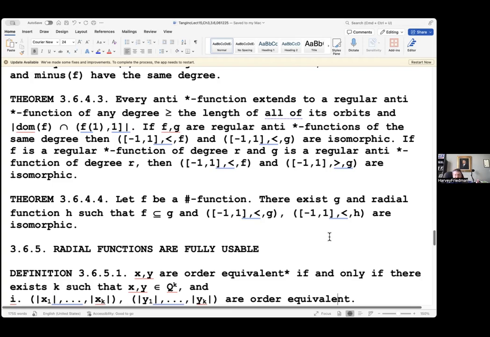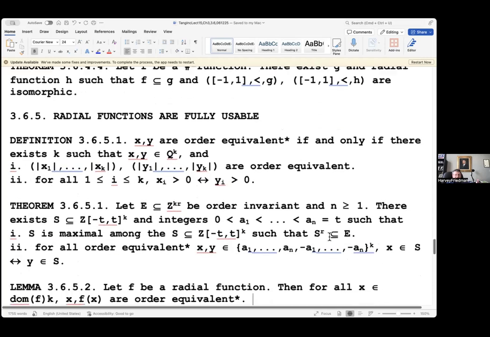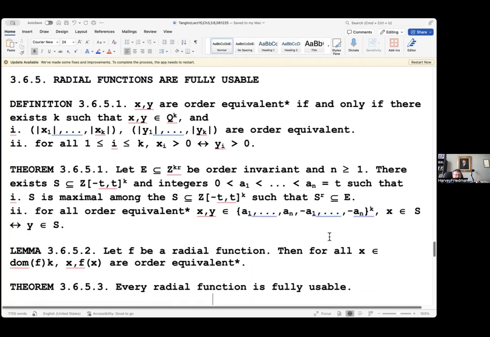Okay. Now we want to show that radial functions are fully usable. This is not completely straightforward to do. We have to come up with a notion of order equivalence that's much more lenient than normal.